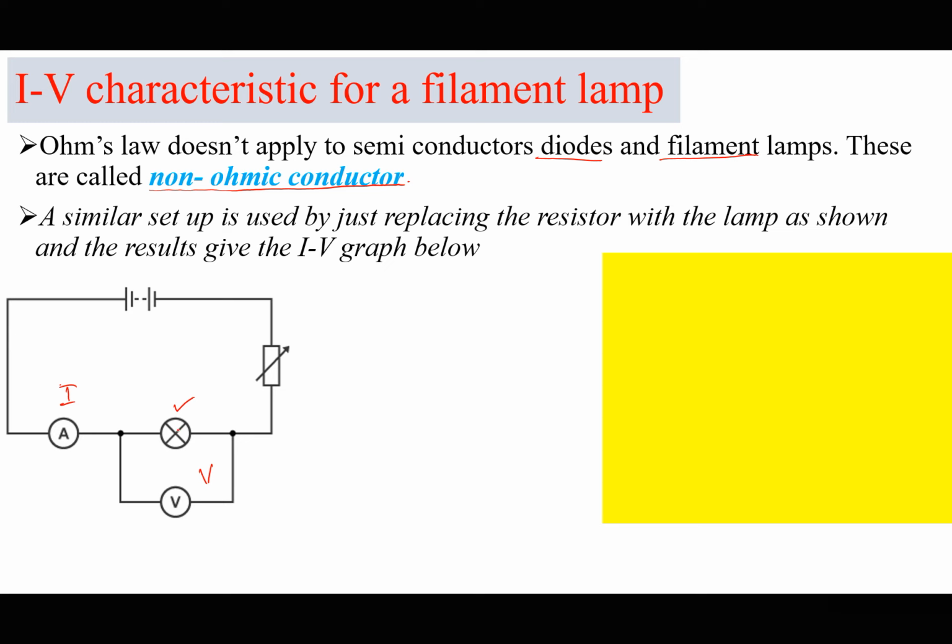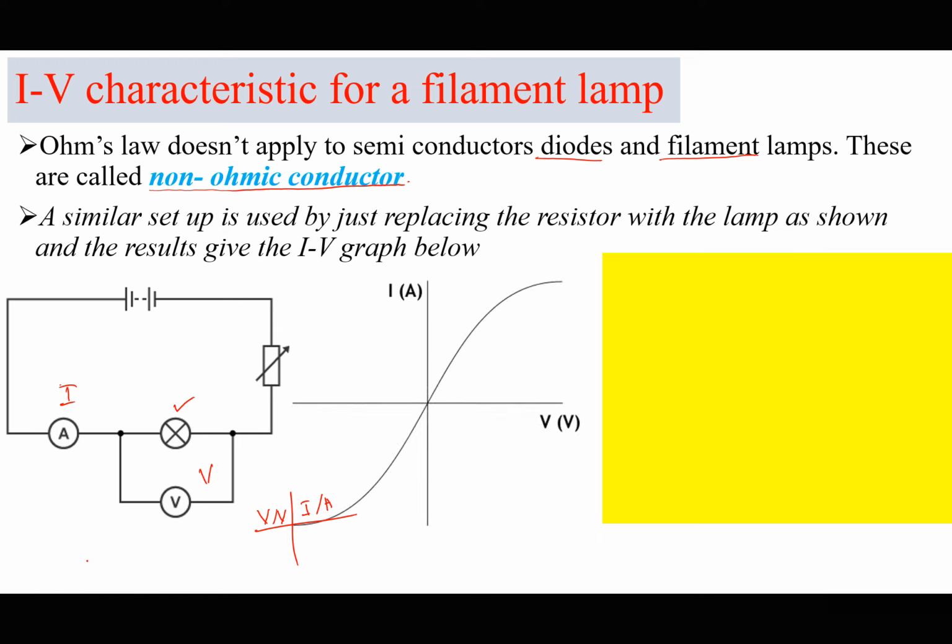So if we investigate the lamp and obtain different values of V in volts and corresponding values of I in amperes, and we plot a graph, the graph you will plot in the laboratory will take that shape.